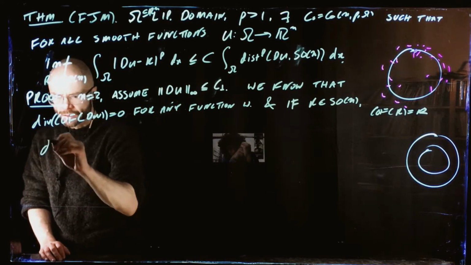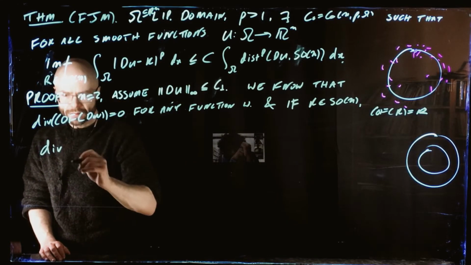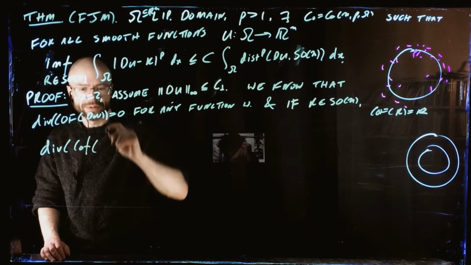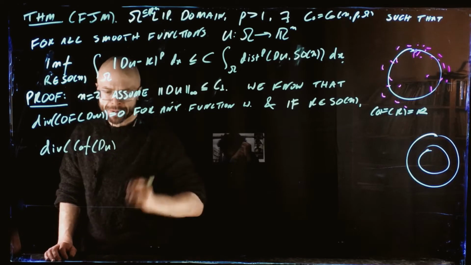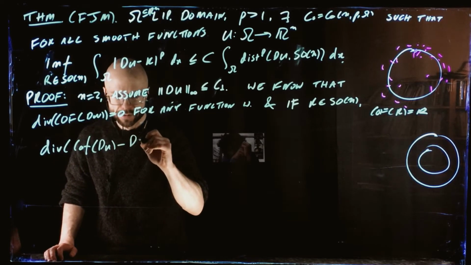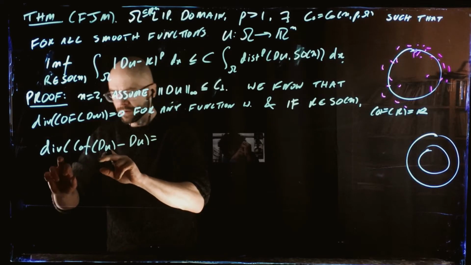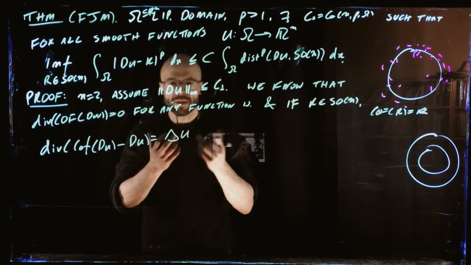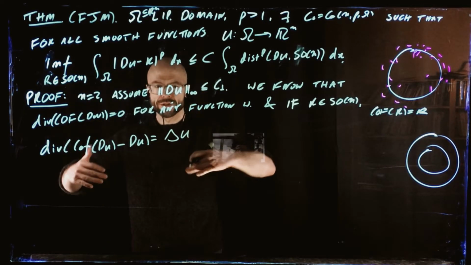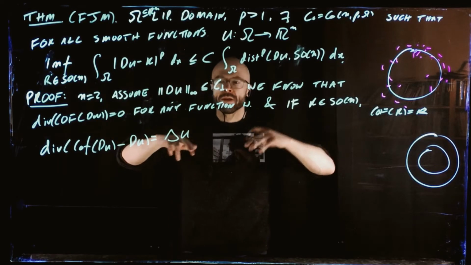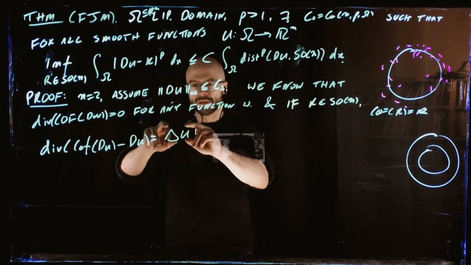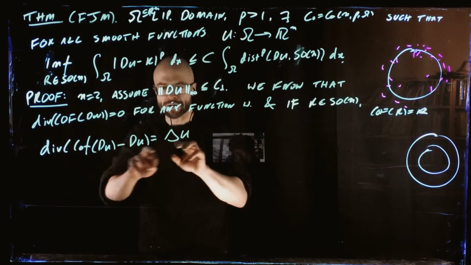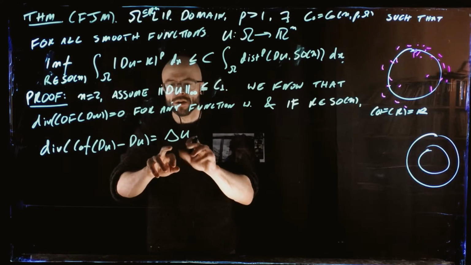So if we look at the following identity, if we take the divergence of the cofactor of our particular gradient minus the gradient itself, then the rotation part vanishes and we end up having, this is just minus the Laplacian of u. By that I mean the Laplacian of each coordinate. So every time we write divergence of the matrix, we mean divergence of each row, and therefore this is a vector equation. Divergence of the first row of this matrix is Laplacian of the first coordinate, divergence of the second row is Laplacian of the second coordinate. Oh, but there's a minus sign.